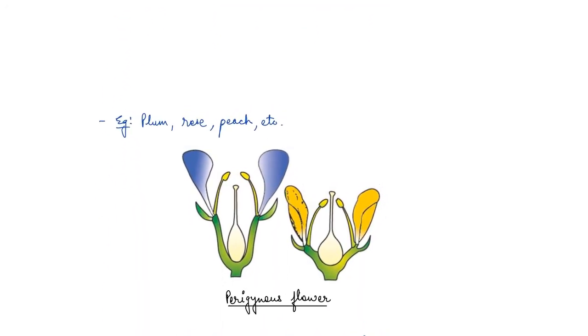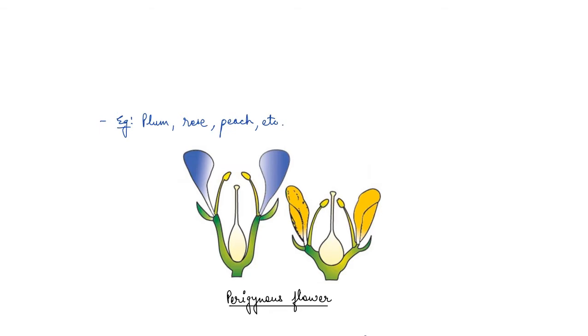What is happening here is the gynoecium is situated in the center of the thalamus, and all other parts are located on the rim of the thalamus, and they're almost at the same level, right?